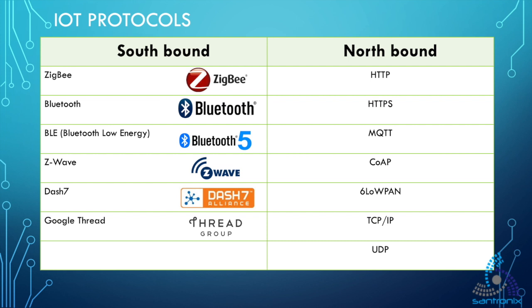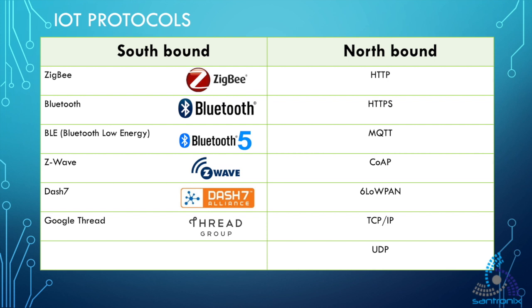When we talk about the northbound communication protocols, we have the traditional HTTP, which is Hypertext Transfer Protocol. Then we have the secured Hypertext Transfer Protocol, which is called HTTPS. Then MQTT, which is a protocol that works with a very, very small payload.